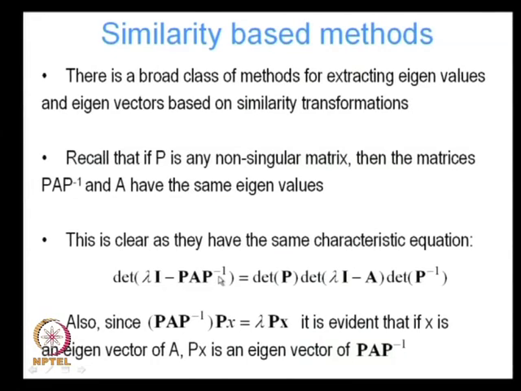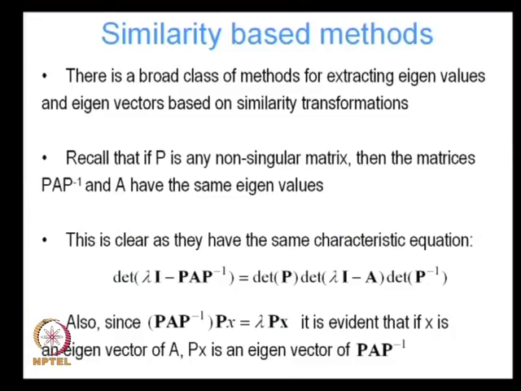So, I get determinant of P times determinant of lambda I minus A times determinant of P inverse, right. Just taking into account the idea that the determinant of the product of two matrices is the product of its determinants. Determinant of A B is equal to determinant of A times determinant of B, right.